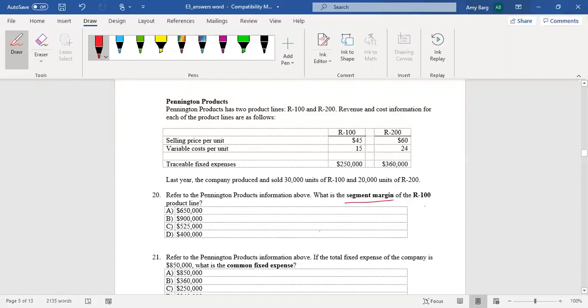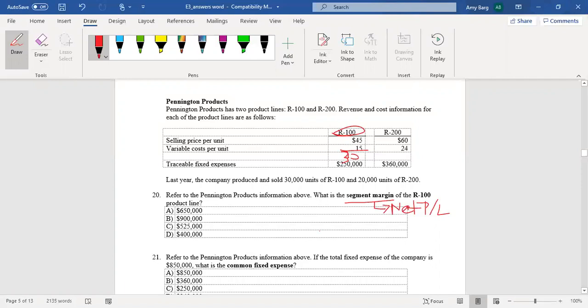So the segment margin is the net profit or loss from that segment. So if we come up here to R100, this is the one we're looking at, we can find the contribution margin, which is the selling price minus the variable costs, and that'll give us 30.